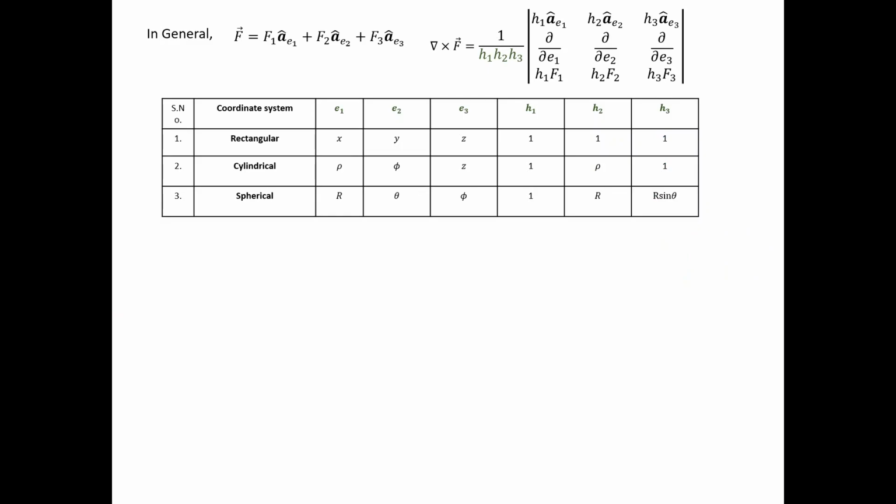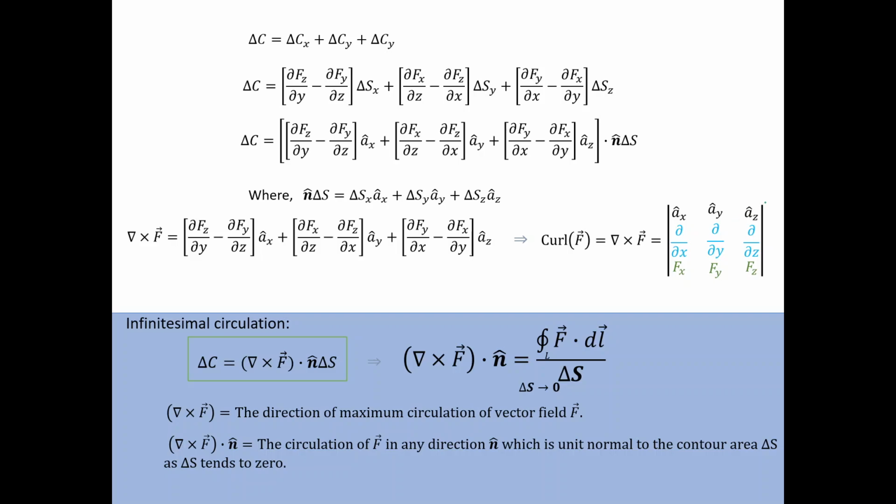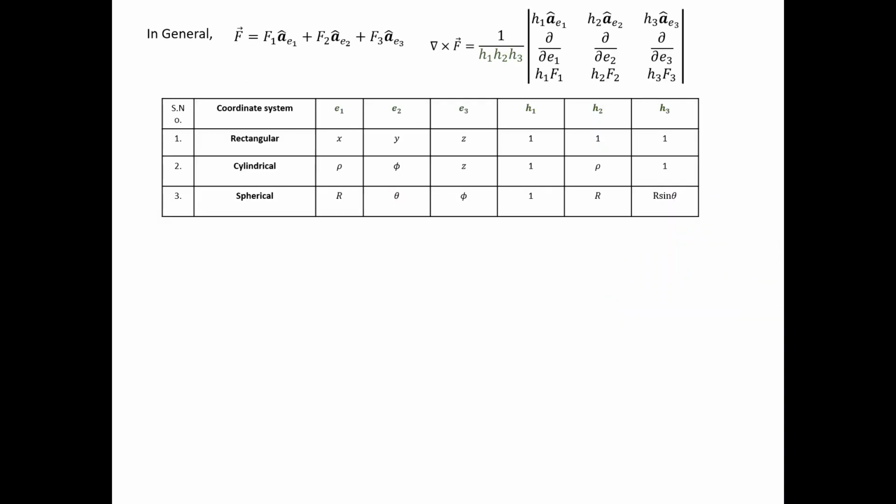Now let's see, we have del cross, we have curl mathematically written in the form of determinant. Suppose we want to do the same for cylindrical and spherical system, we can generalize it. Let's say for example, in the case of cylindrical system, the del cross F will be given by 1 by h1 h2 h3, which is h1 h2 h3, 1 upon rho, and this is the determinant.